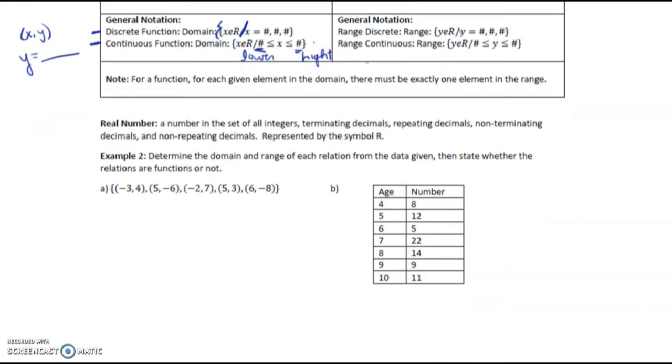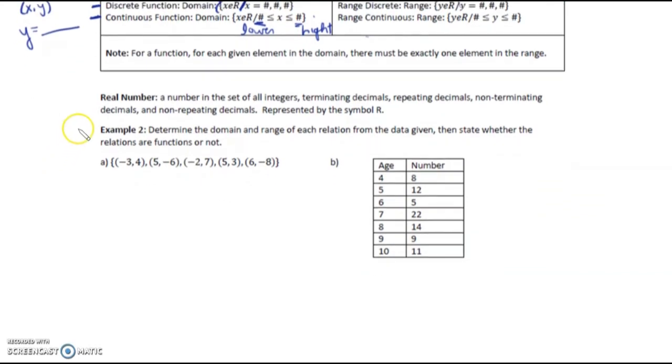Okay, let's scroll down a little bit. Just going back to what a real number is. A real number, usually written with a double line and an R like that, is basically any number that we're going to deal with up until probably first or second year university. The only number that it doesn't include is something called the complex number, which you won't see.